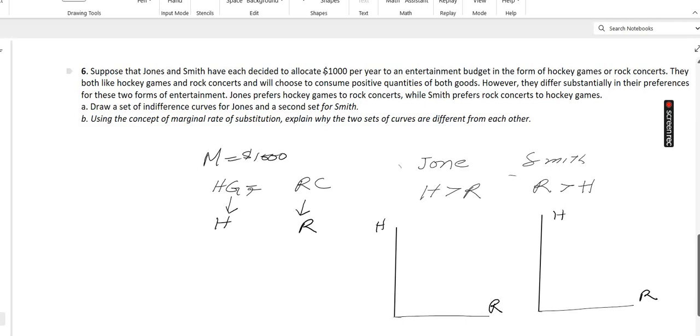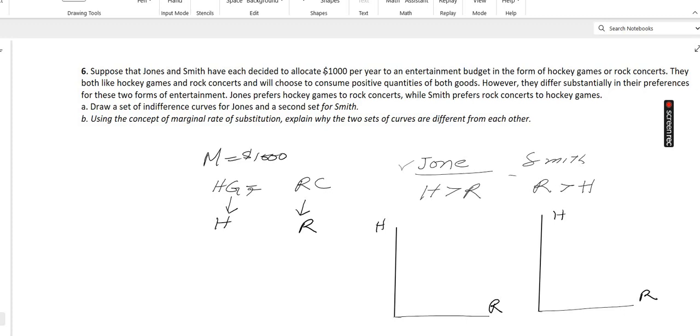Now if I just think of John, what John likes, he likes hockey over rock concerts. So suppose this is the first point, and we are trying to figure out, if he has to go for one more rock concert, how many hockey games he would be willing to sacrifice, given the fact that John actually likes hockey more than rock concerts.